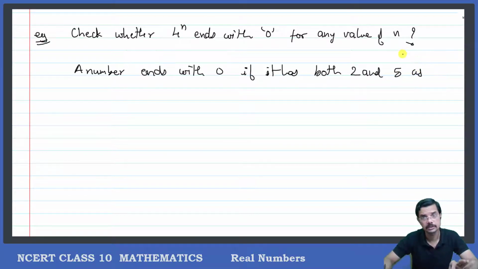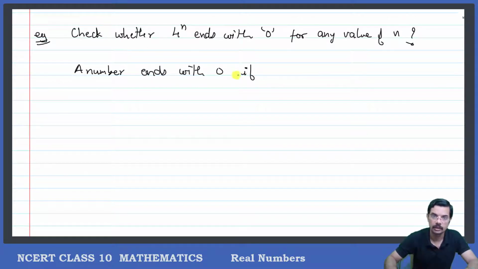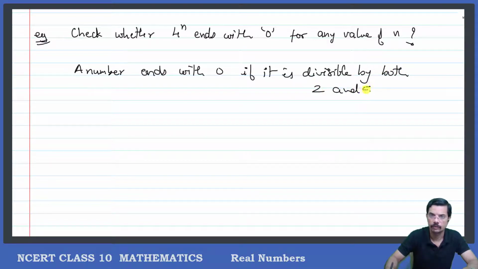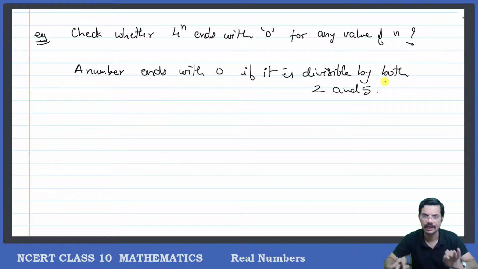If it contains 2 and 5 as its factors, you can have some other factors also, but 2 and 5 should be present. I can write it as: a number ends with 0 if it is divisible by both 2 and 5.